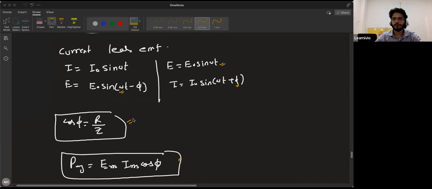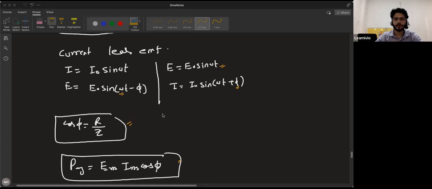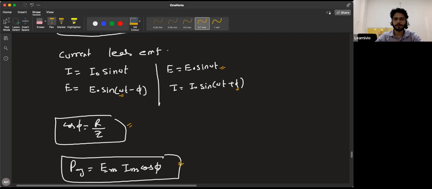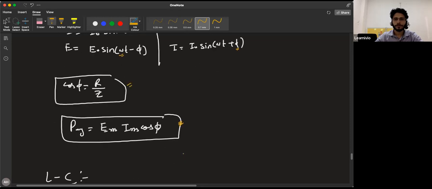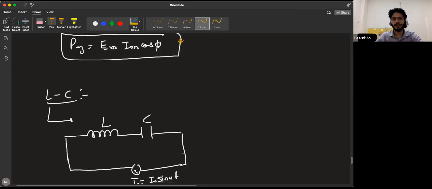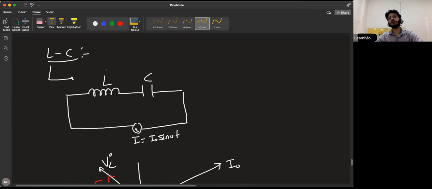So can I scroll it now? Ishika, Noha, Miraj, written up to here? Yes, sir. Okay. So the next circuit is the LC circuit. So in the LC circuit, you have an inductor.